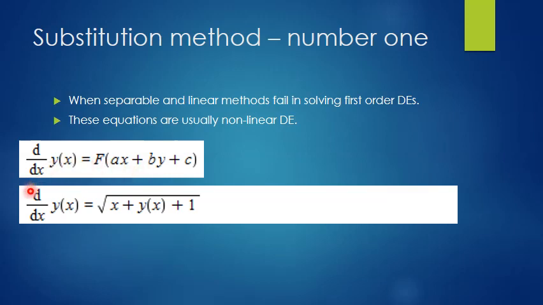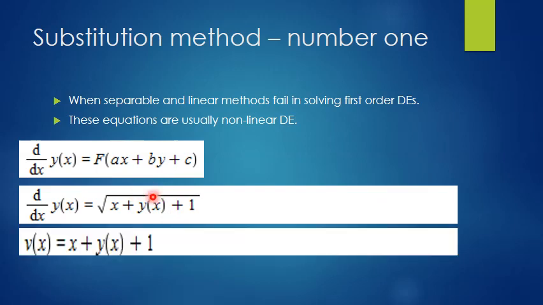So here is a first order differential equation. This is not separable. This is not linear. It's got this function, and it's got the pattern we're looking for. A is 1, B is 1, C is 1. It matches this up here. So if you can find a differential equation like this, there is a substitution we can use.